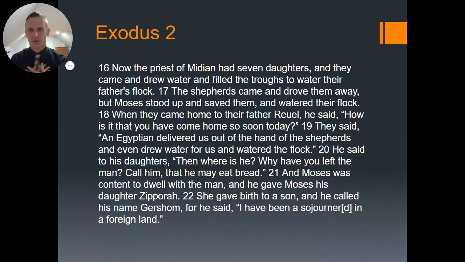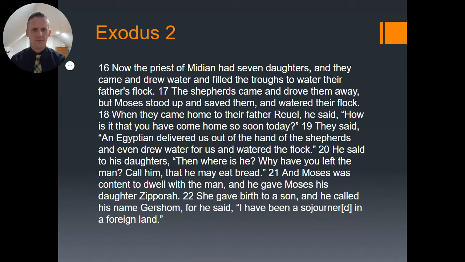Of course, the meaner, crueler, tougher, bigger people are going to pick on the smaller. But Moses stood up and saved them and watered the flocks for them. Again, here's this adult man, age 40. No middle school boy is going to intimidate him. "Get out, dweeb," and he waters the flocks.